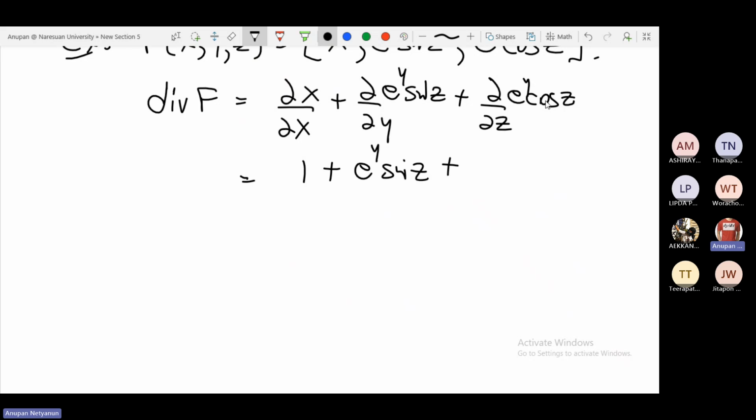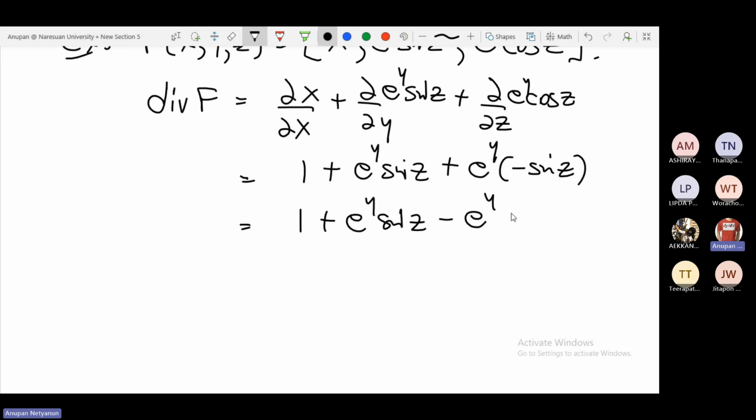So the derivative of cosine is minus sine, right? So you have 1 plus e to the y sine z minus e to the y sine z. You have the cancellation. So you have 1. Okay.